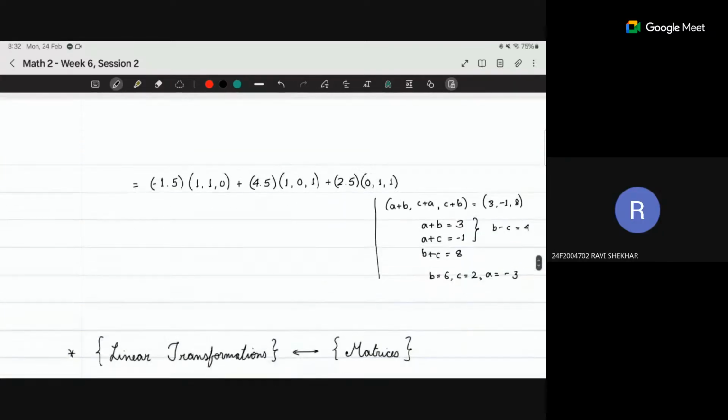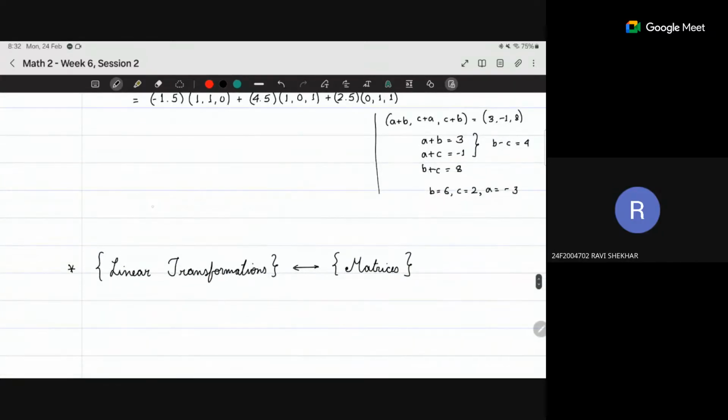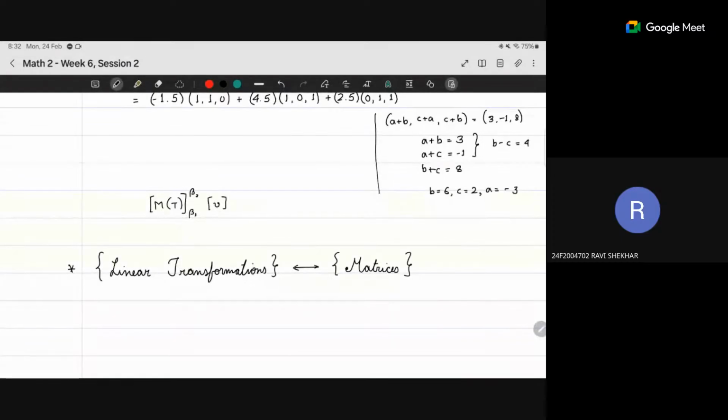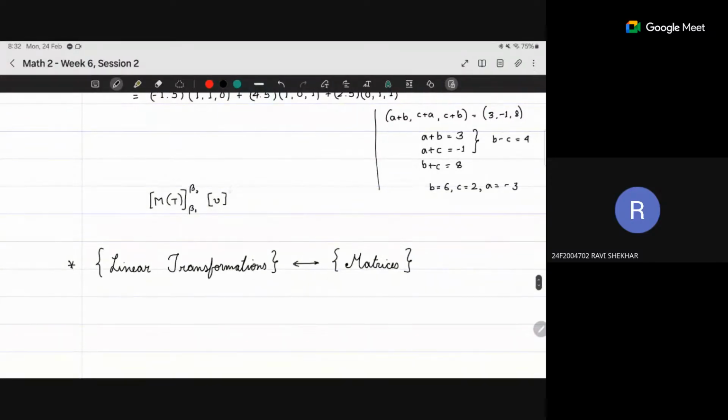Okay, so what happens is once you have the matrix of T with respect to beta 1, beta 2, then if you multiply any vector, and by a vector I don't just mean the vector as it is. Let me tell you what all that is.